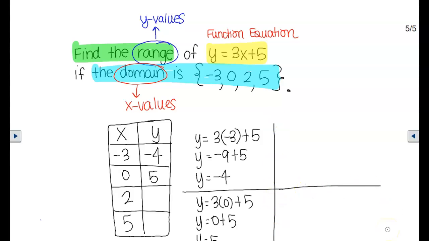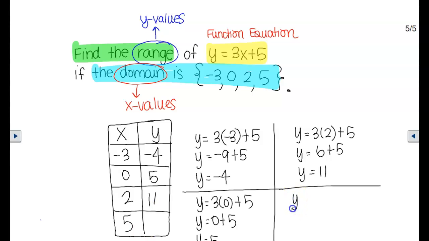All right, next up, 2 will be input for x. So y equals 3 times 2 plus 5. First we'll do 3 times 2 and get 6. Then we'll do 6 plus 5 and get 11. So 2 connects to 11.